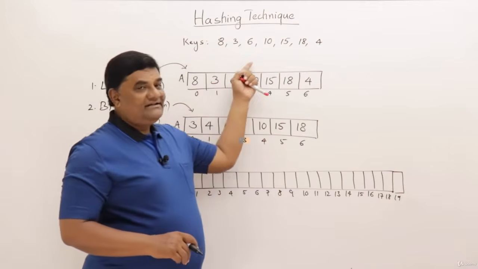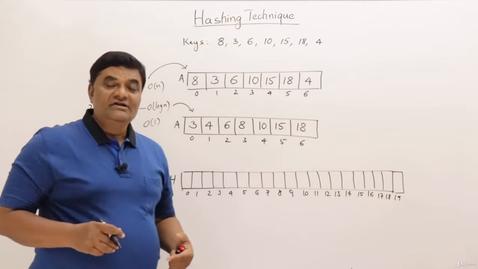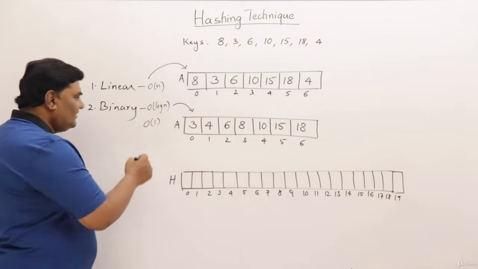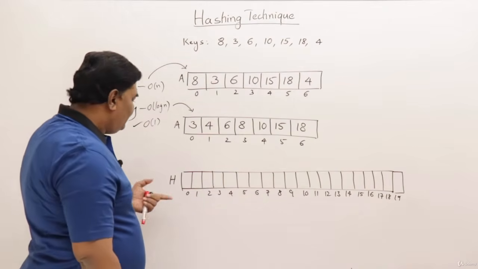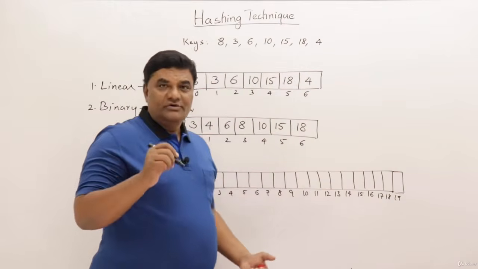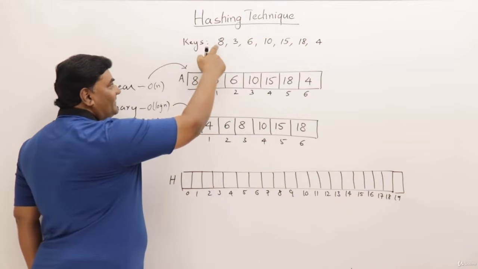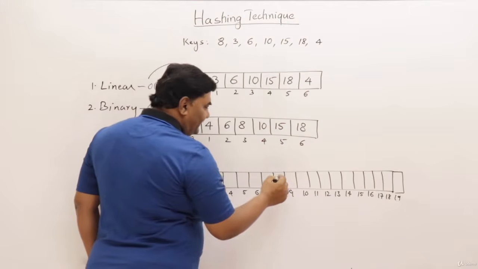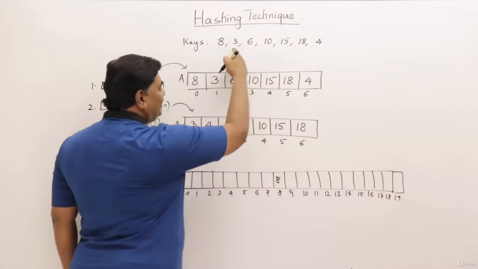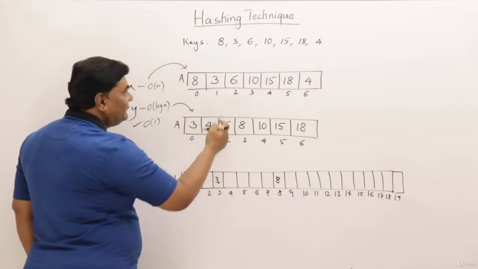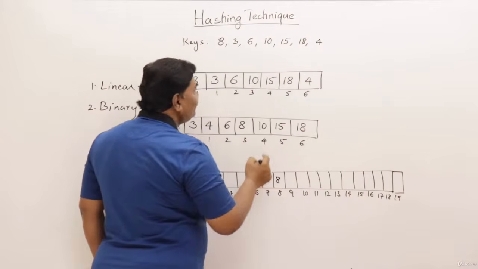If we have the keys, then how should they be arranged so that we can find them in constant time? Here I have already taken an array to show you how these keys should be stored. Let us store these keys here. 8 should be stored at index 8. Then 3 should be stored at index 3. 6 at index 6.